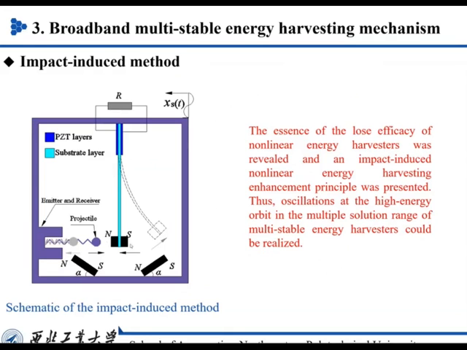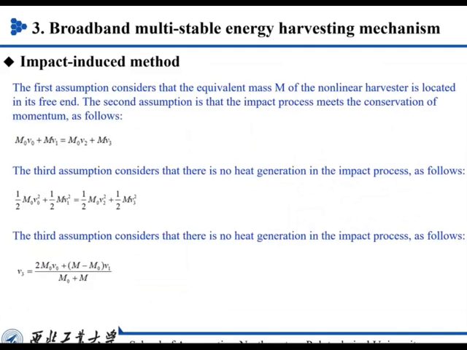That means we make an impact at the end of the harvester to change its initial conditions, to make it vibrate at a different orbit. We just made a very primary investigation of the impact-induced method, and we also make 3 assumptions.